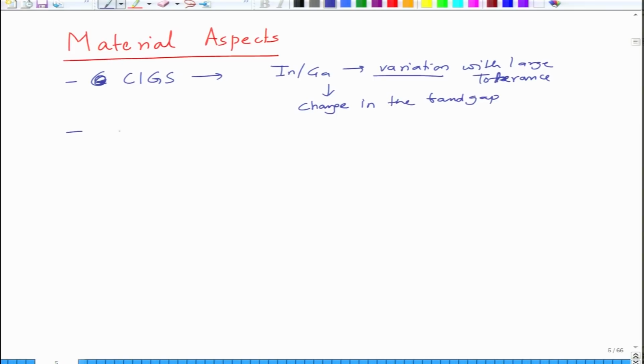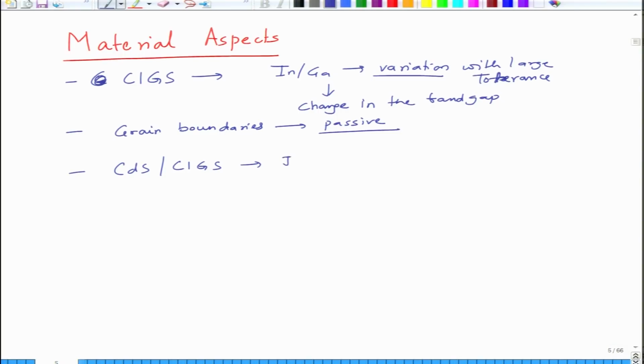Also in CIGS, these are polycrystalline films most of the times, and grain boundaries are generally passive. So as a result, they don't lead to too much damage to the device. So you can use smaller grain sizes because the grain boundaries do not deteriorate the performance because of their passive nature. And generally the junction between CdS and CIGS is pretty good.